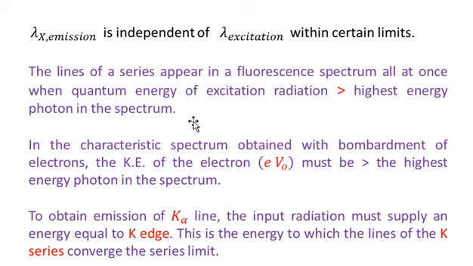For example, in the spectrum of the K series, or the L series, or the M series, the exciting photon must have an energy greater than the highest energy photon in the spectrum. And if you are generating X-rays by the bombardment of high kinetic energy electrons with an energy eV0, then this energy eV0 must be greater than the highest energy photon in the spectrum.